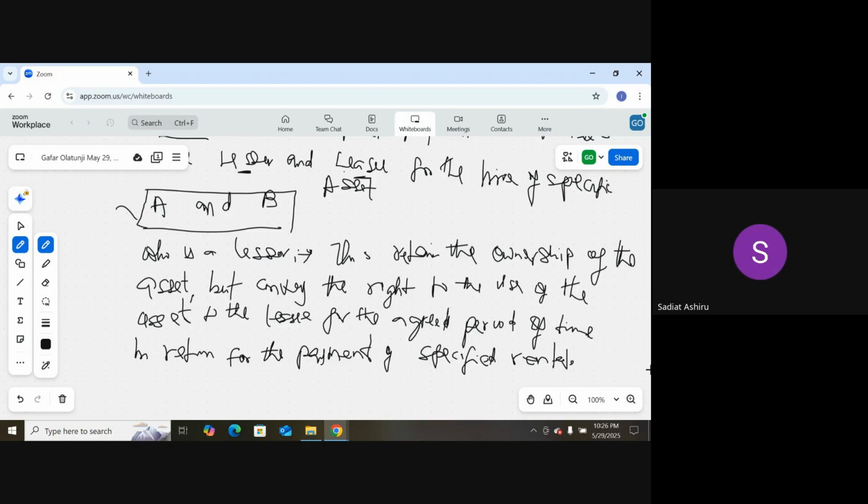Ades and Co is the owner, so the lessor is the owner of the asset. So that means the lessee is the second person. In summary, you can say the lessor is the owner of the asset.